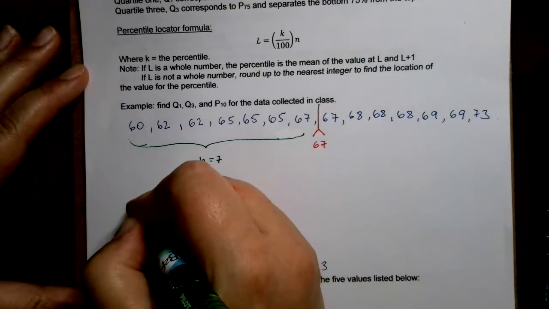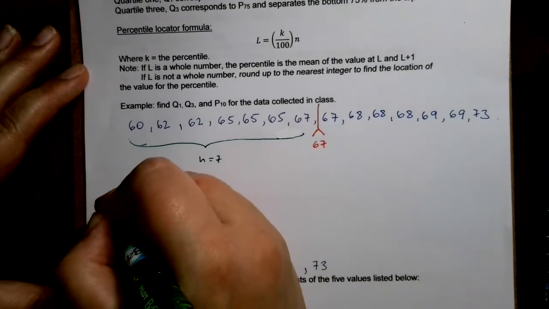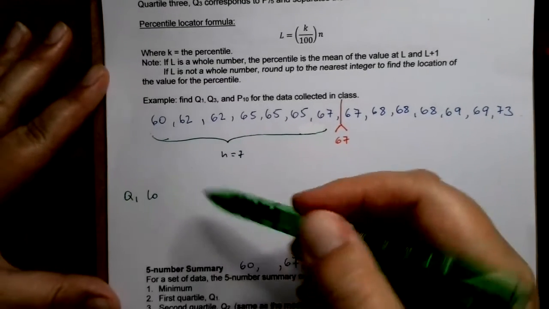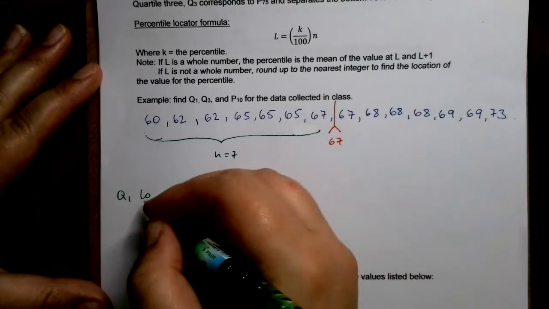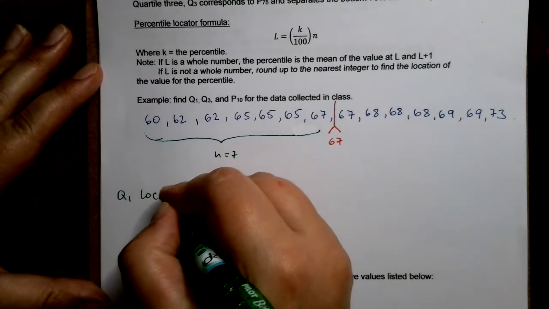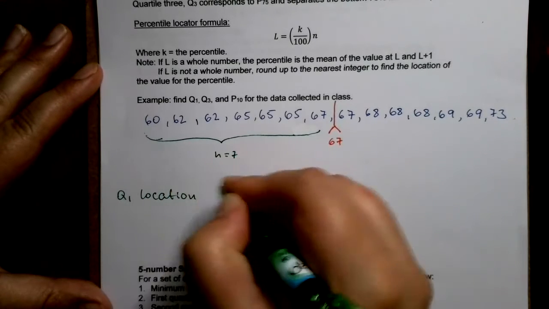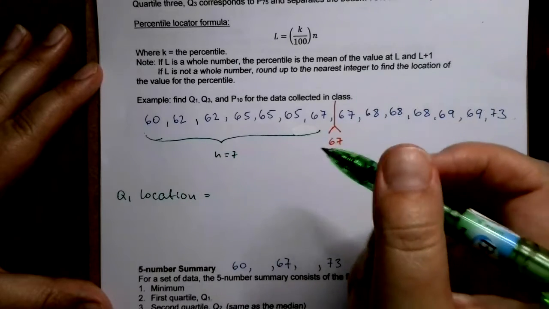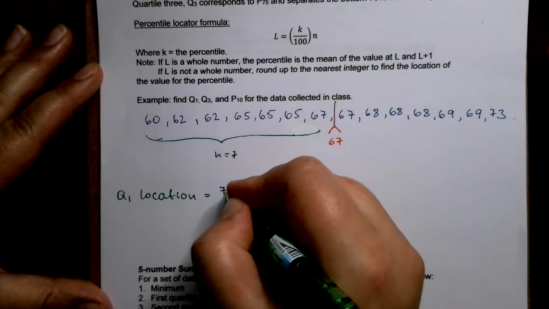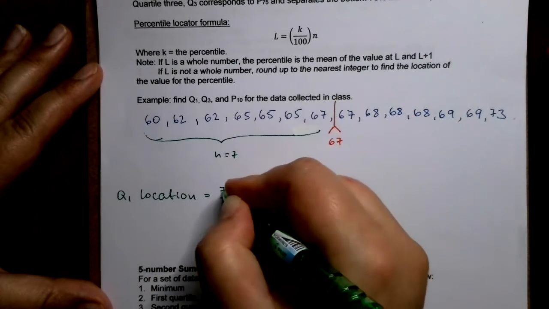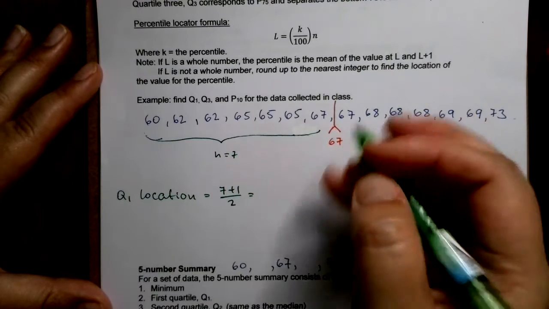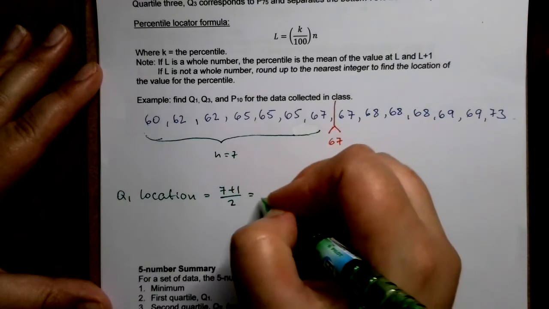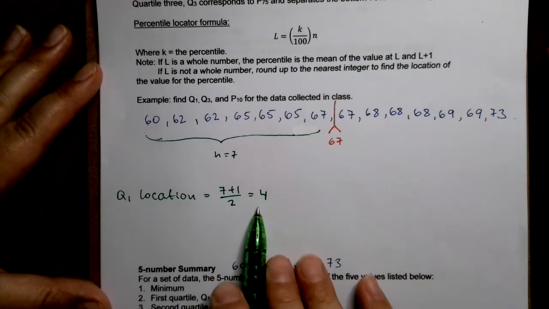So for the location of quartile 1, Q1 is the abbreviation for the quartile 1 value, the location is going to be 7 plus 1 over 2. Remember the formula, it's n plus 1 over 2. So we have 8 divided by 2, that's value number 4.